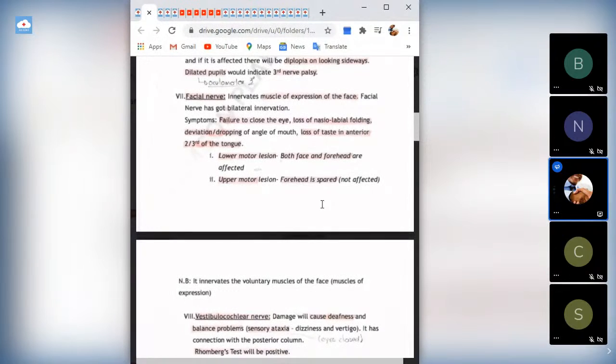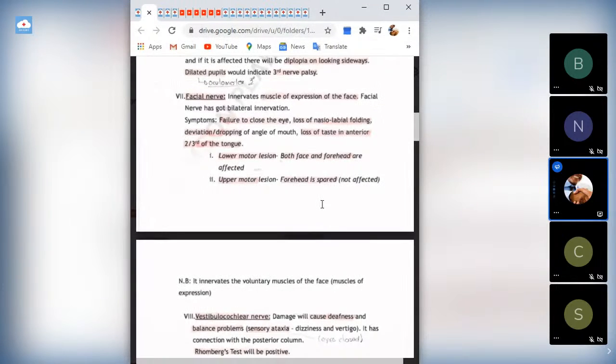Like when someone wrinkles his forehead, it kind of means that they are surprised or that they are thinking about something. So that tells you that that muscle is affected. When you stabilize the patient's head and tell the patient to follow your hand as you move it up, you can see that on the affected side, that wrinkling is absent.